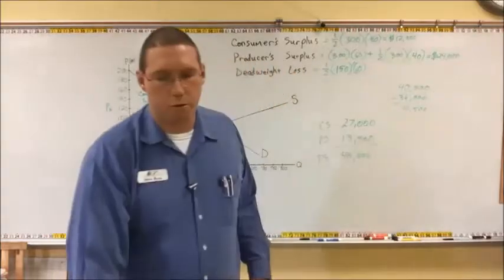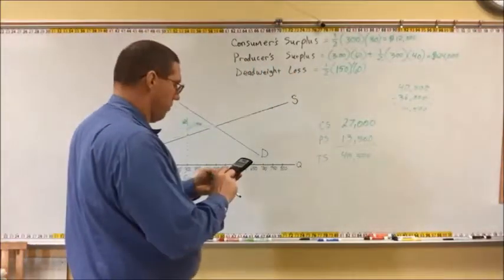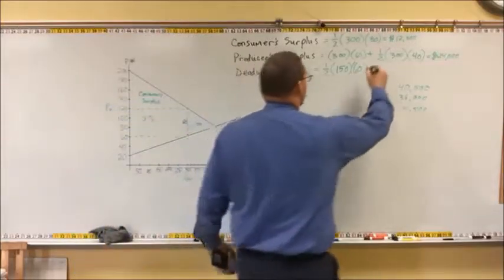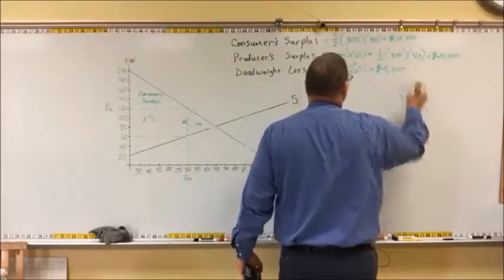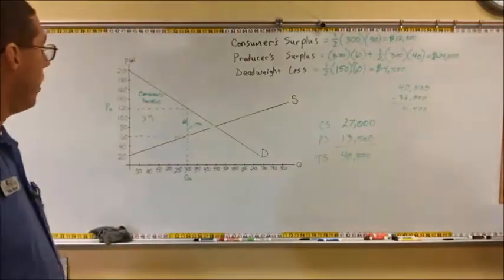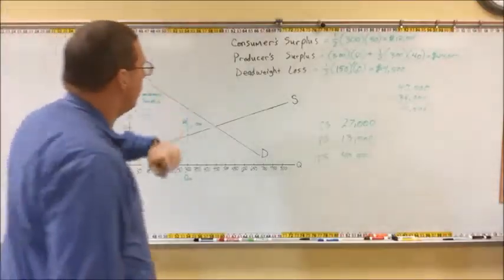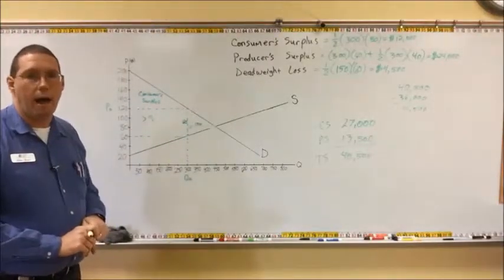And let's see if that comes up to $4,500. 1/2 times 150 times 60, and that's 4,500. Yep. So the deadweight loss in this economy due to the imposed higher price is 4,500. And that is how you calculate consumer surplus, producer surplus, and deadweight loss when the price is artificially set high.